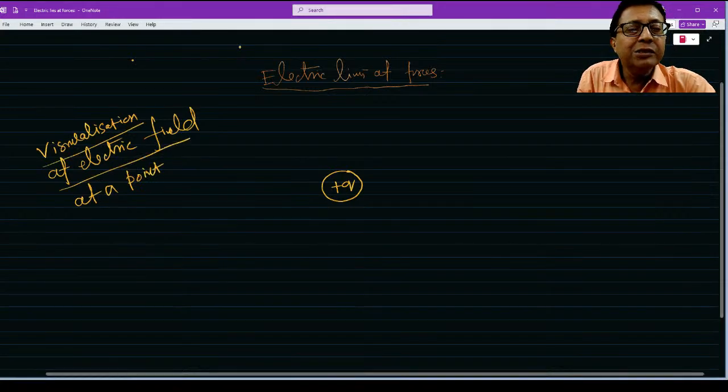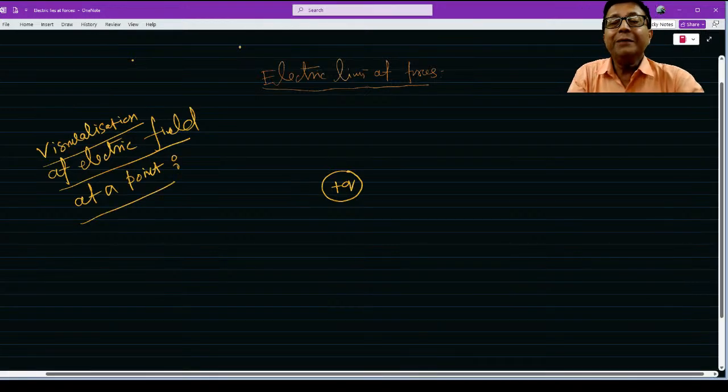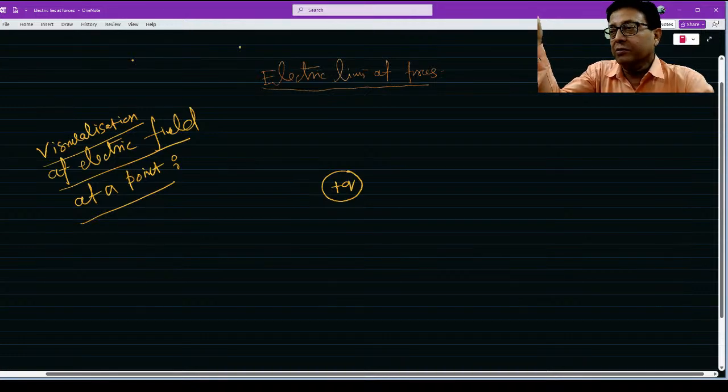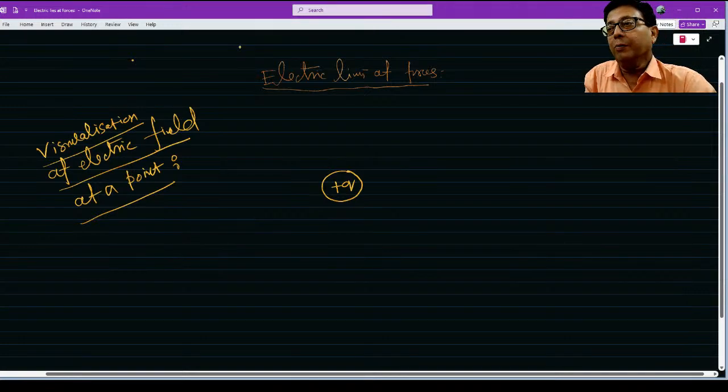So it means we have to draw something, then only we can visualize. If you keep an electric charge, nothing is observed. So we will attempt to draw something which will help us to understand the magnitude of electric field at a point as well as the direction.